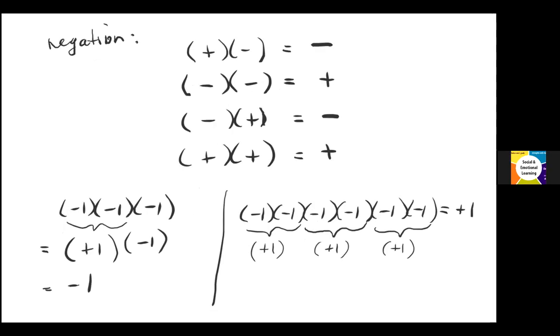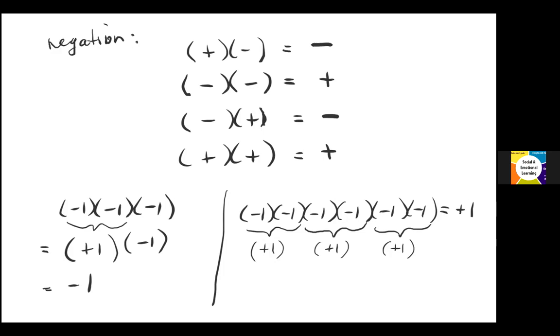If there was an even number of negatives, then that will be a positive. If there would be an odd number of negative numbers, then that will be a negative. So we just have to pay attention to whether there's an even or an odd number of negatives that we're multiplying together.